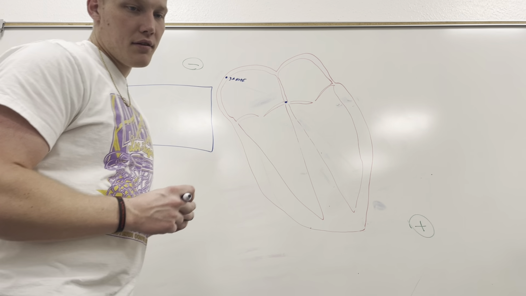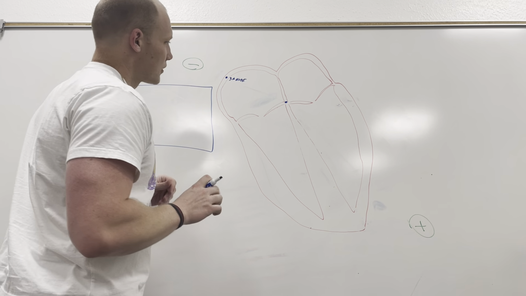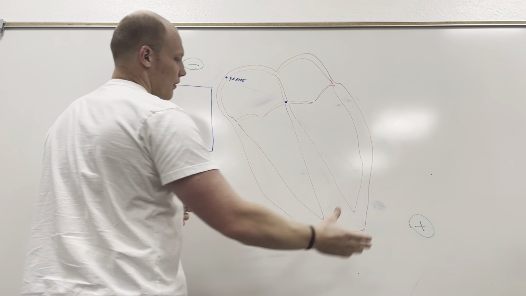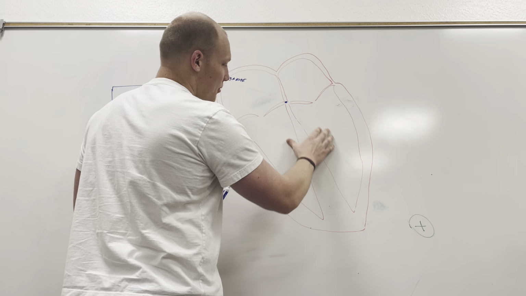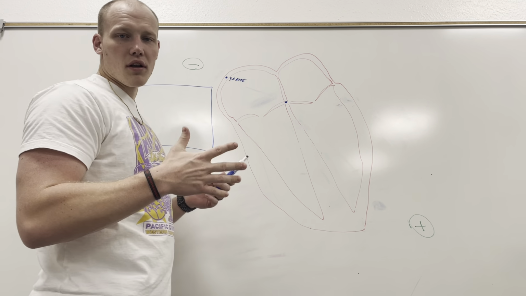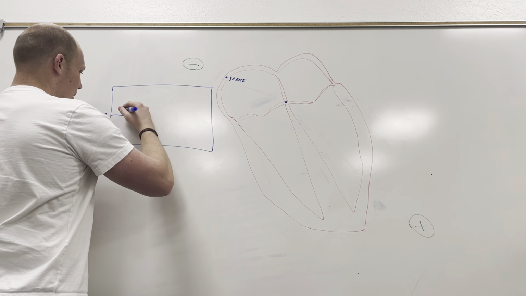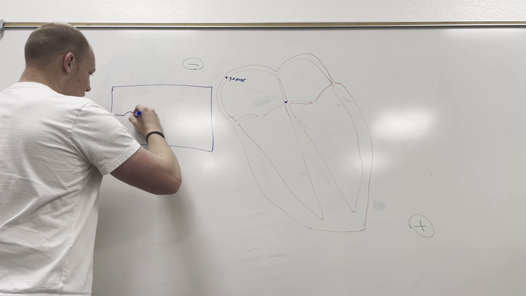So if we think about it, if we're not getting a proper depolarization and repolarization in the ventricles, which is where a lot of these inverted waves happen, we will have a good P wave.